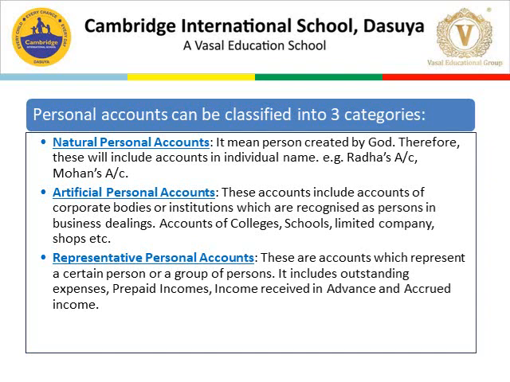Second is artificial person. An artificial person is actually a person in the eyes of law. Now, these accounts include accounts of corporate bodies like Reliance Industry, Tata Industry, big industries, or institutions which are recognized as persons in business dealings.